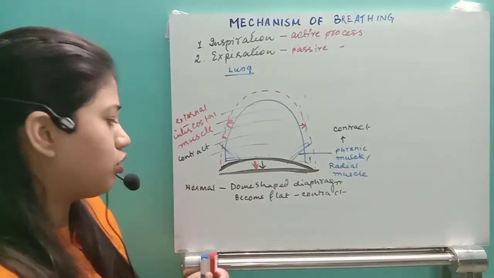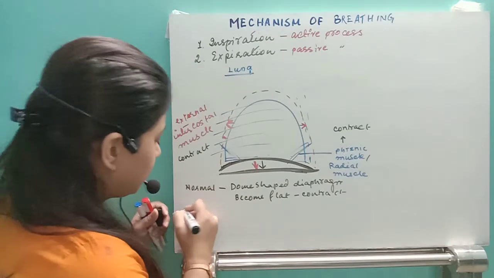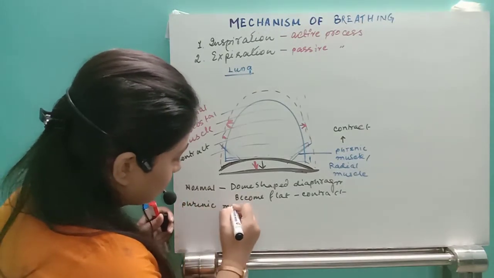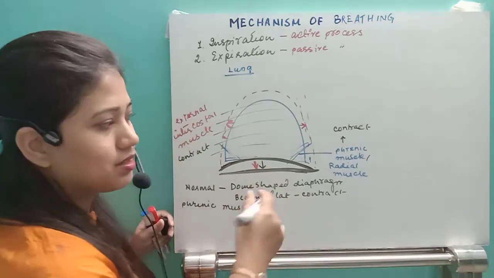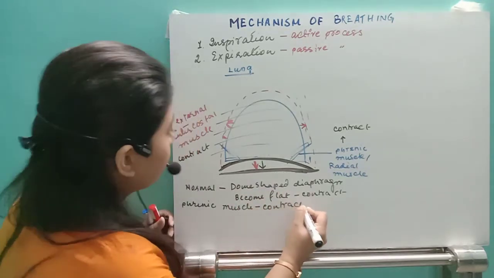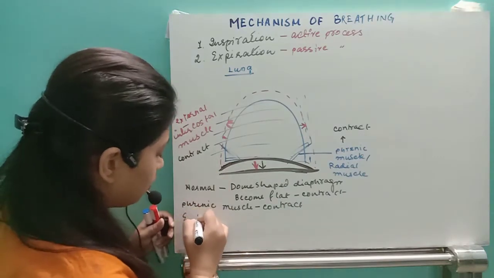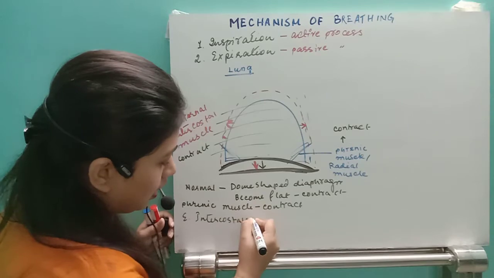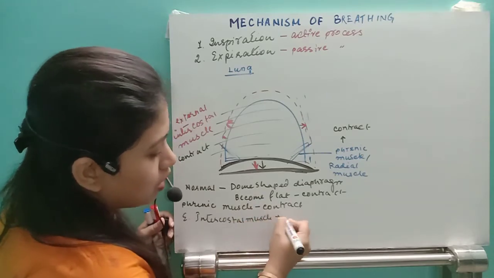First of all, normally what is happening to the phrenic muscle? The phrenic muscle, from the relaxed state, will contract, and the external intercostal muscle will also contract.